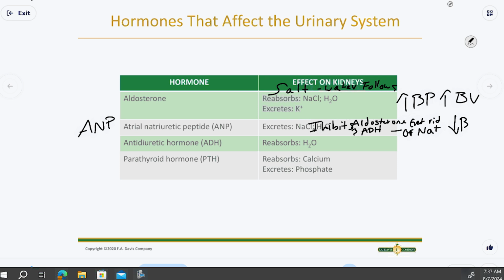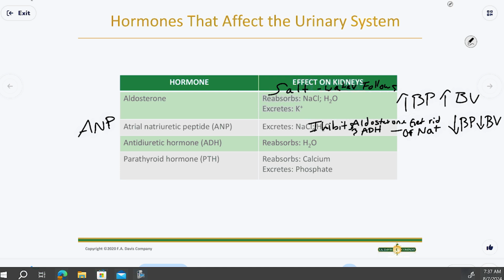Decrease blood pressure, decrease blood volume, because I'm losing more in urine. So that one's a more rare one. A lot of times we're actually trying to keep our blood pressure up a little bit. Sometimes our blood pressure gets too high. We have this guy that can help knock it back down a peg. So that's the first time you've heard of ANP, probably, unless you read the whole chapter 15, and you may have seen it in there, but it is a small little, like, one sentence about it.